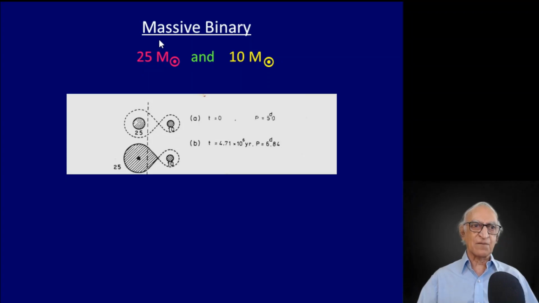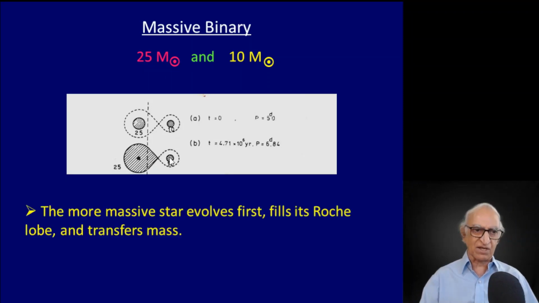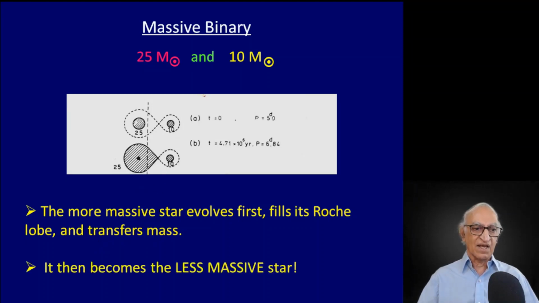Let us consider a massive binary consisting of a 25 solar mass star and a 10 solar mass star. This is a 25 solar mass star, this is a 10 solar mass star. The more massive star evolves faster, fills its Roche lobe, and transfers much of the mass to the less massive star. It then becomes the less massive star.